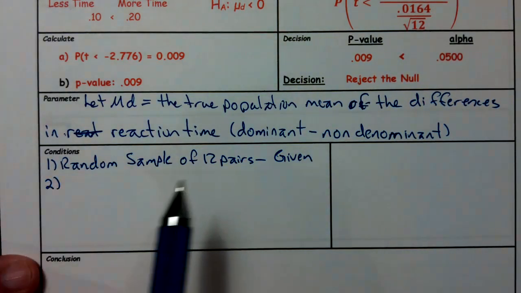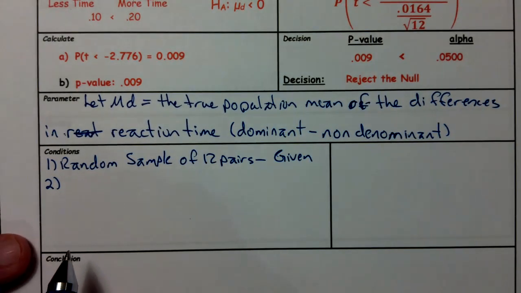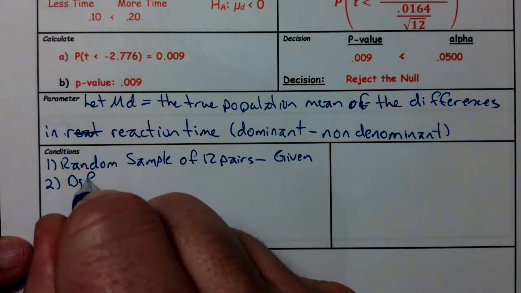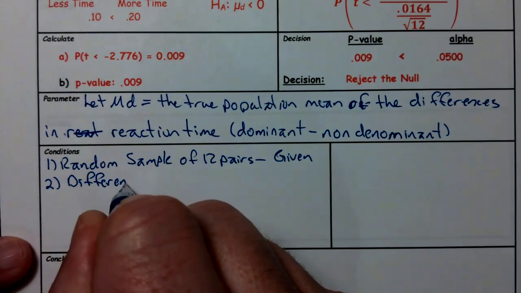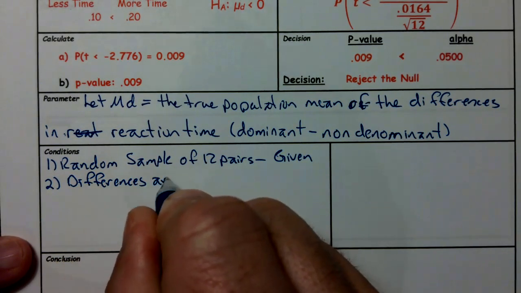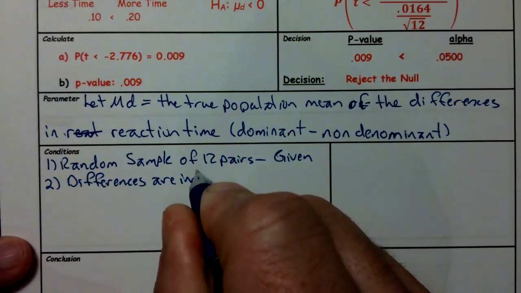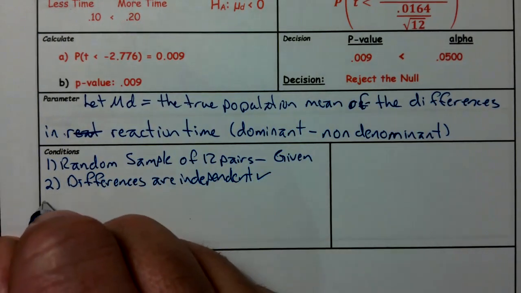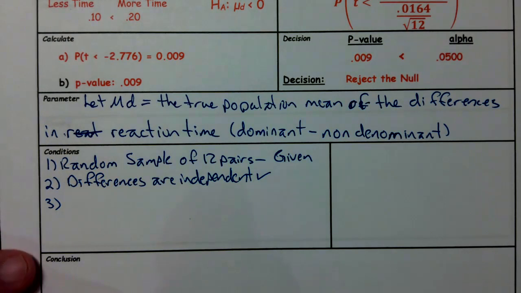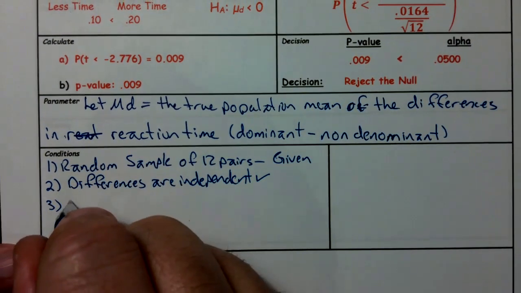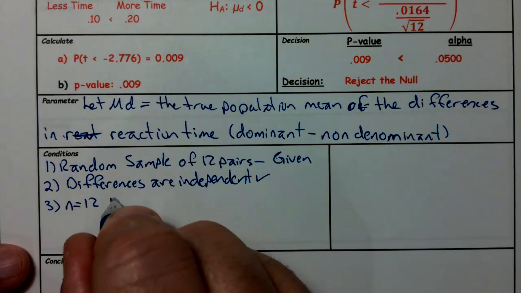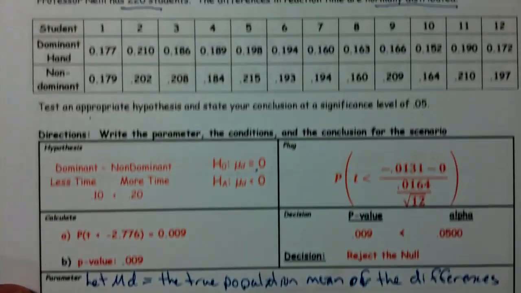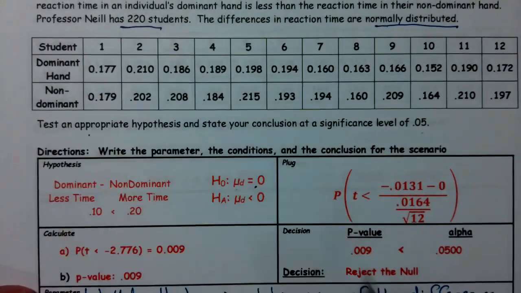The second thing, we need to say that the differences are independent. And that's reasonable to assume, especially since we took a random sample. Third, n needs to be less than 10%. Well, n is 12, and 12 times 10 is 120. And that needs to be less than the total population of his students, and he has 220.